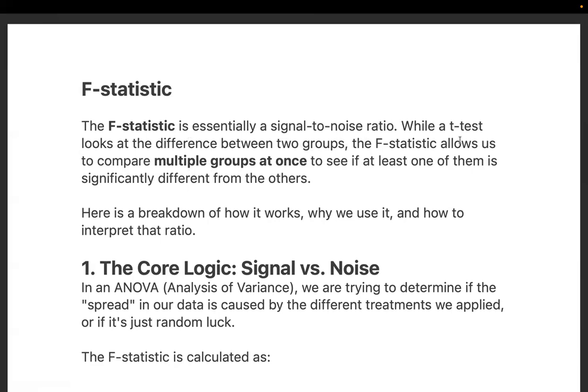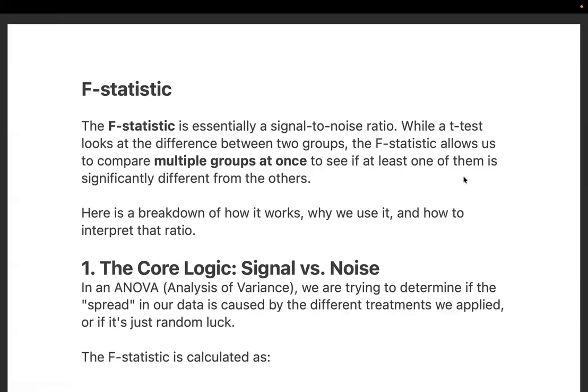When you have three or more groups and you want to compare the differences between them at the same time, not in a pairwise way, then you need the F-statistic. It will tell you that at least one of them is significantly different from the others, but it doesn't tell you which one.